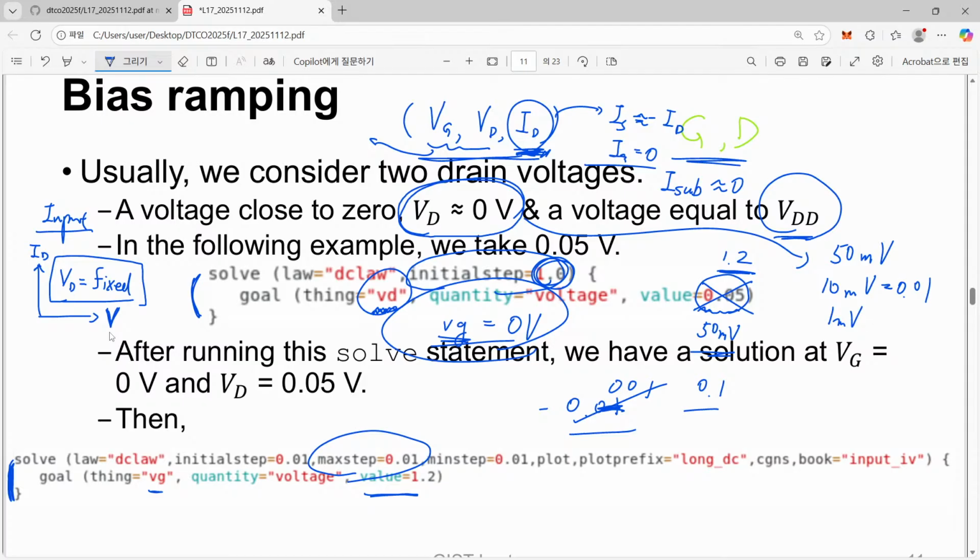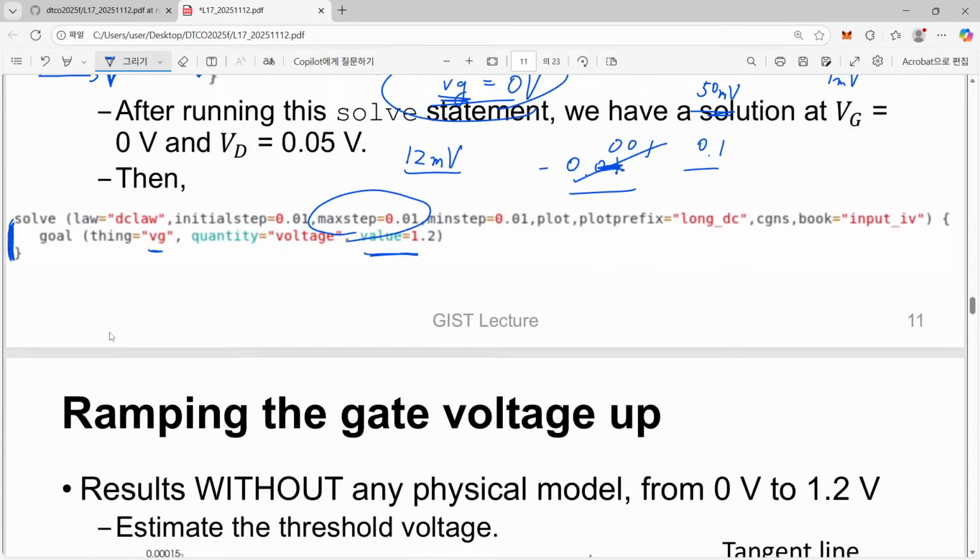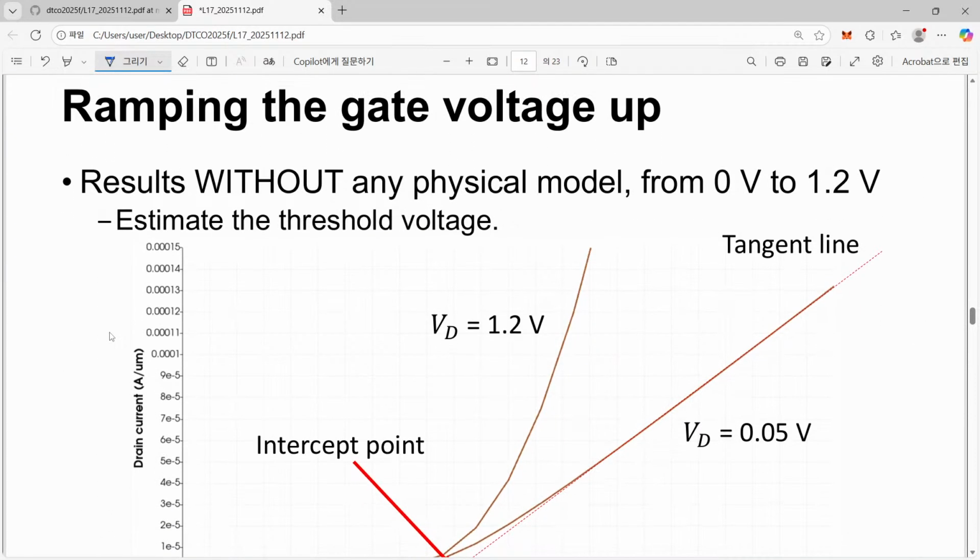It means that the maximum voltage change allowed for this gate voltage is just 10 millivolt. Quite a small value is allowed, and you will see that actually this is a little bit too tight. If you wanted to shorten your simulation time, of course you can increase it. But just to play with these numbers, you will find that life is not that easy in this sense.